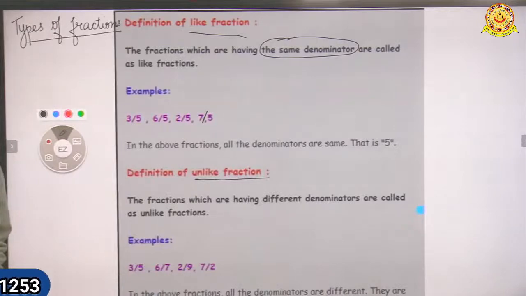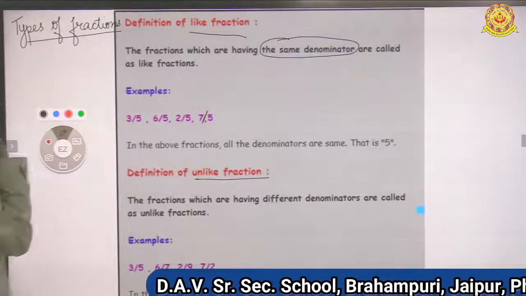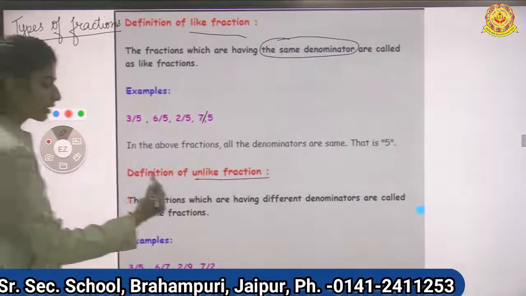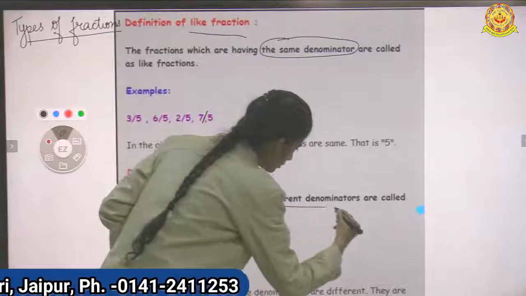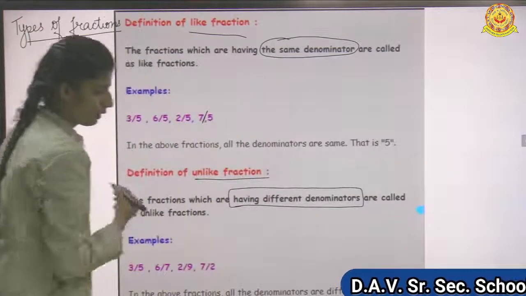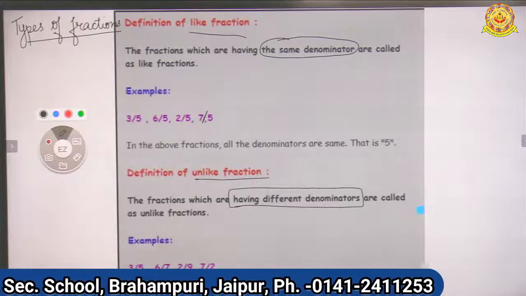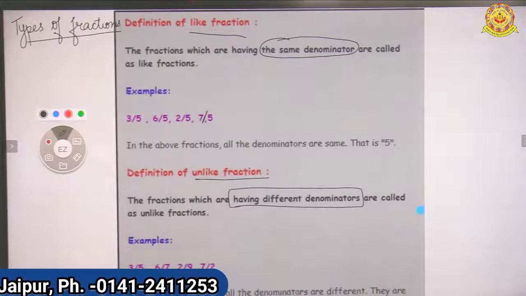If the words are opposite, then their meanings will also be opposite. In like fractions, we check for the same denominator, and in unlike fractions, we have different denominators. The denominator should not be the same.